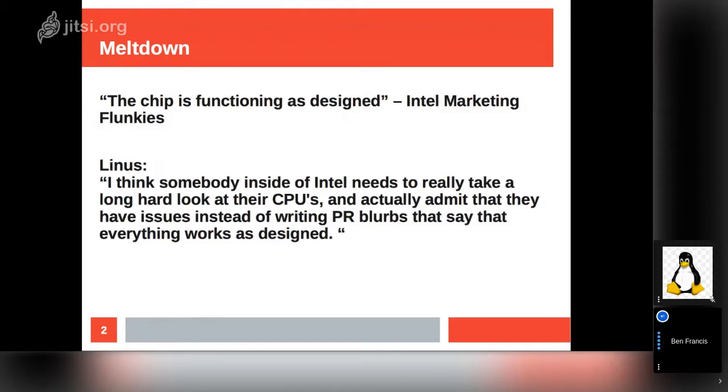And now he's being investigated by the SEC. But Linus is saying, "Hey, let's fix the problem instead of writing PR blurbs." So it would be hard for Intel to look worse in this.